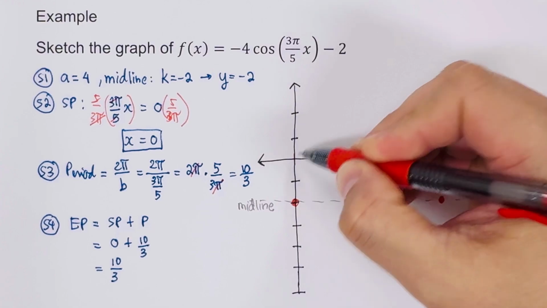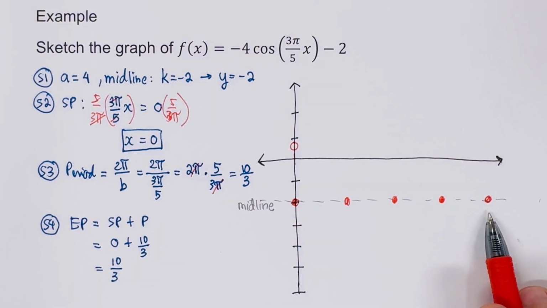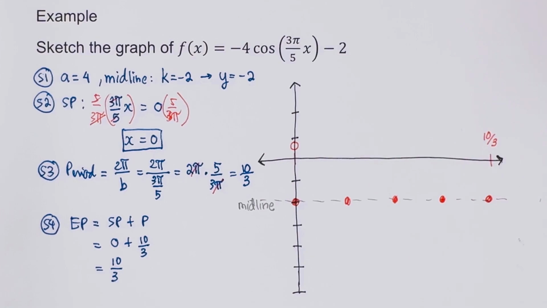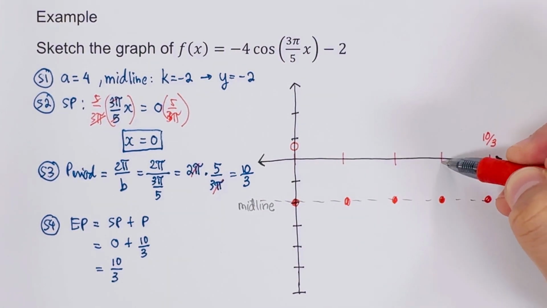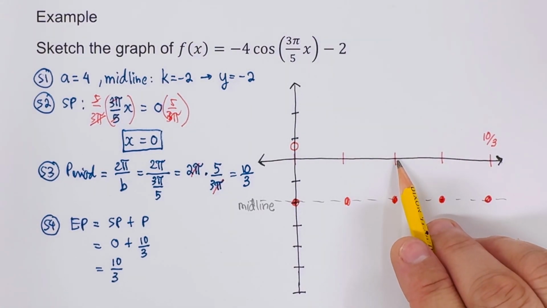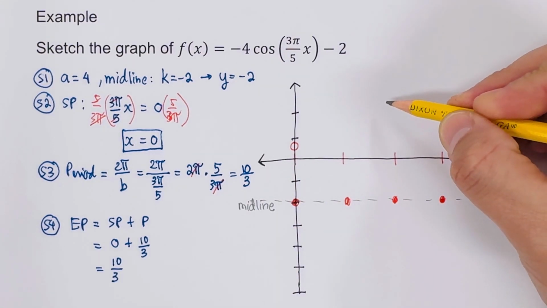So we're going to start with a starting point at 0. And our endpoint is at 10 over 3. Now we're going to determine the coordinates for each of the other 3 dots in the middle. Let's start with the middle one first. To get this coordinate, we add the 0 and the 10 over 3 and multiply by 1/2.